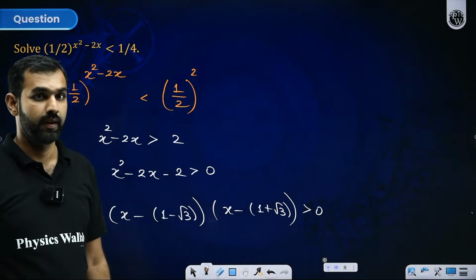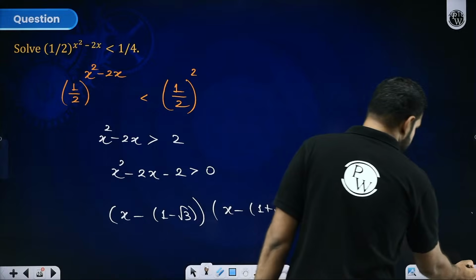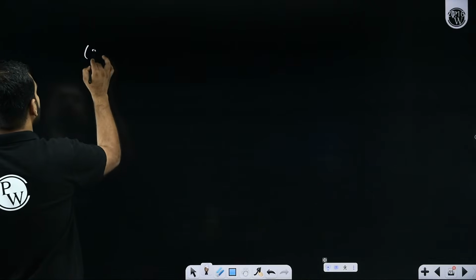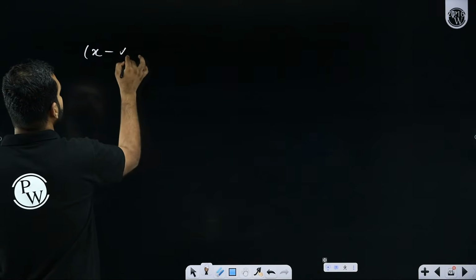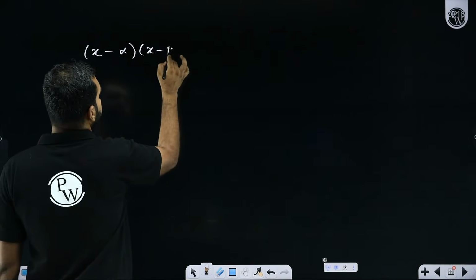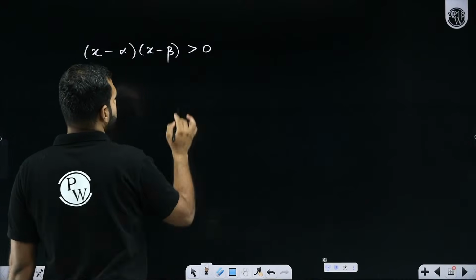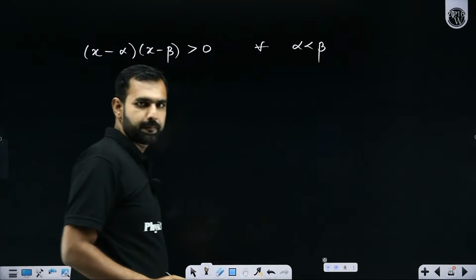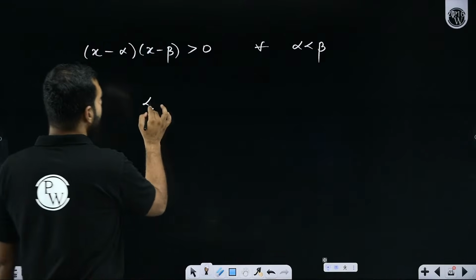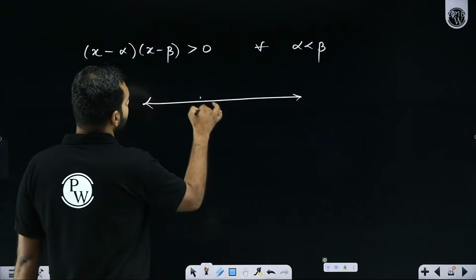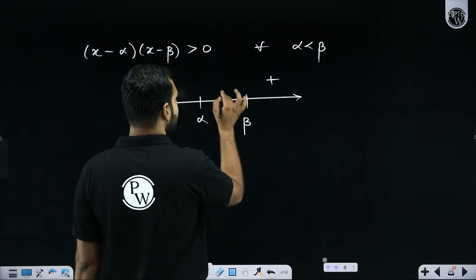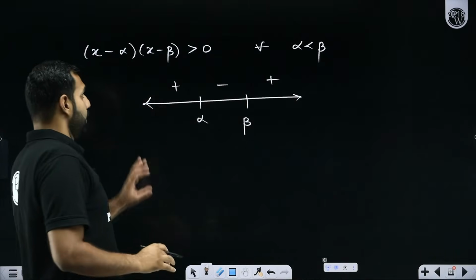Yes or no? Now, if I talk about something really crucial, which you must have learnt, I hope, in 11th, if you have forgotten it, let me try and highlight it. x minus alpha, x minus beta. If it is supposed to be kept positive, where we know that alpha is the smaller root, beta is the greater root, then I hope you do remember, we divide the number scale like this, and we define these critical points as alpha and beta, and we know that this section is positive, this is negative, this is positive.